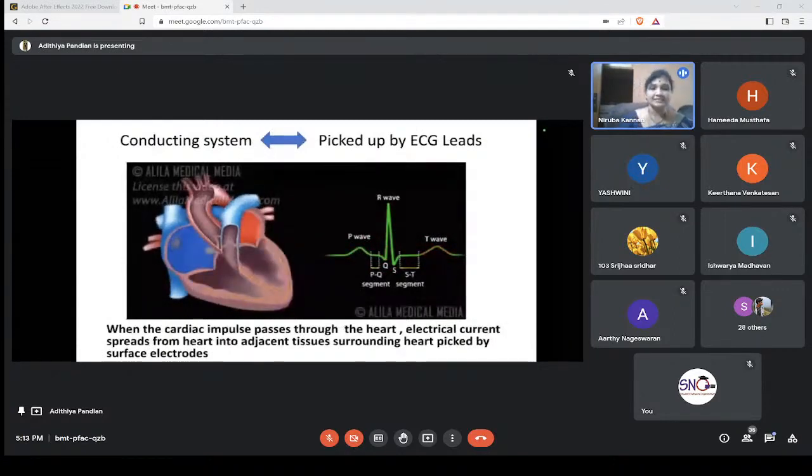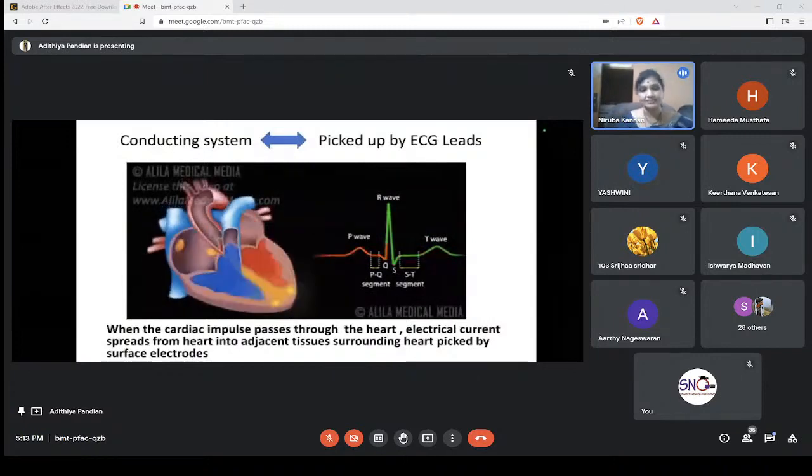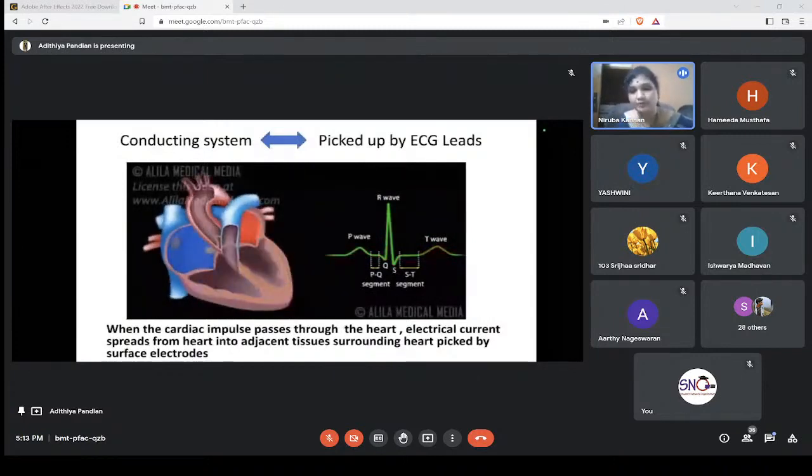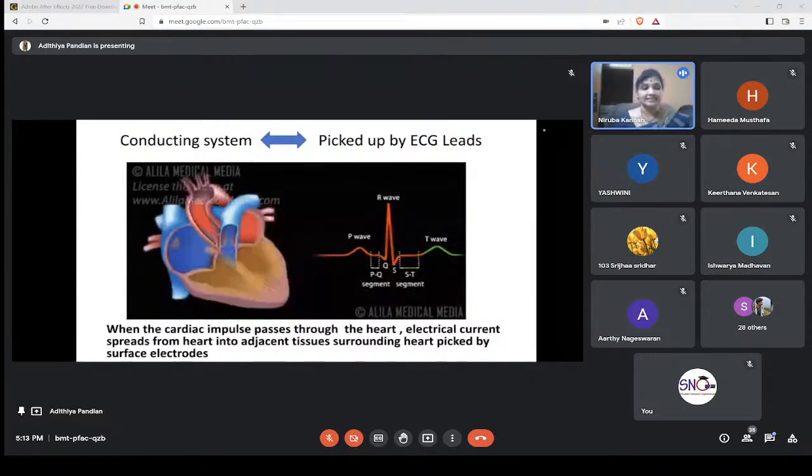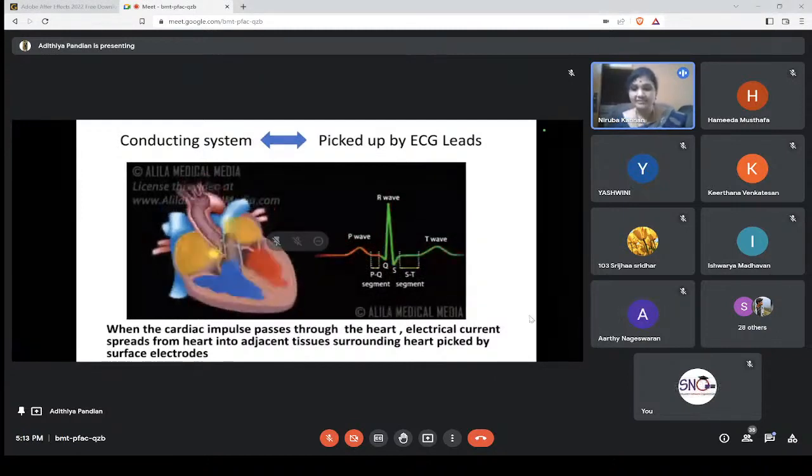When the cardiac impulse passes through the heart, the electrical current is spreading. When the transmission occurs from the SA node to the AV node, which chamber is getting depolarized? When the SA node acts as a pacemaker and starts there, which chamber gets depolarized?